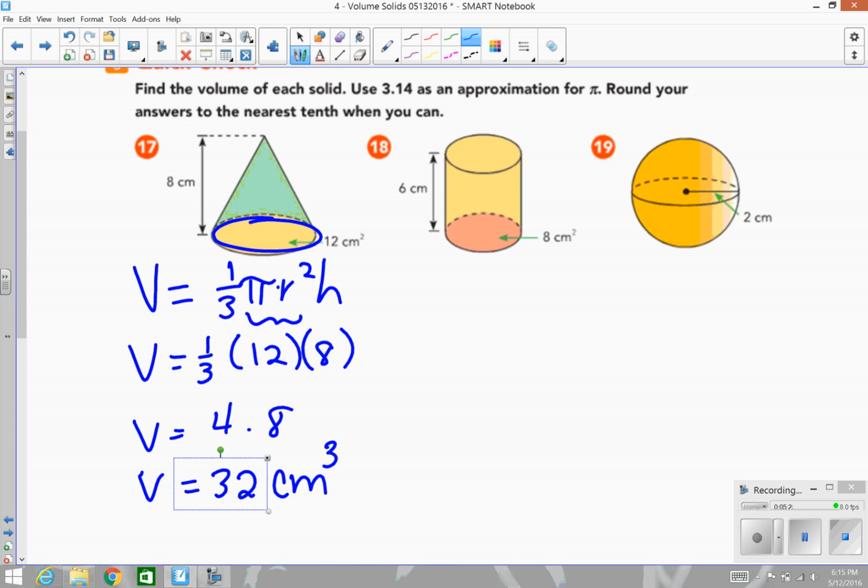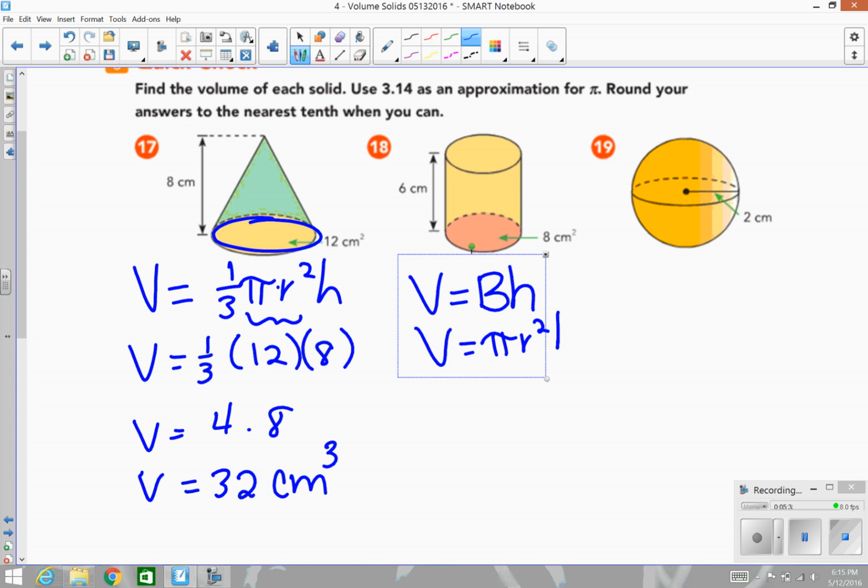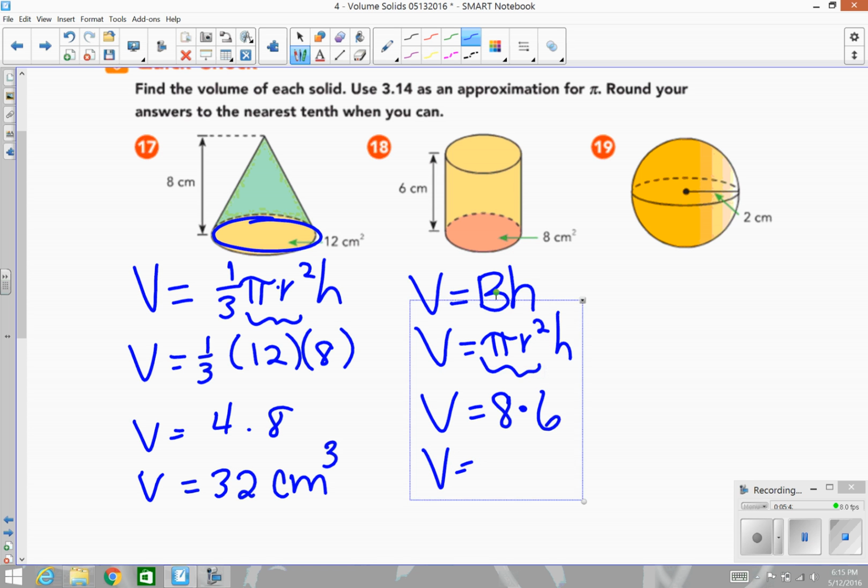Okay, for number 18, we have our cylinder. Okay, volume equals area of the base times the height. Volume equals pi r squared h, but they've already given you that base, which is 8, times the height, which is 6, giving you volume of 48 centimeters cubed.